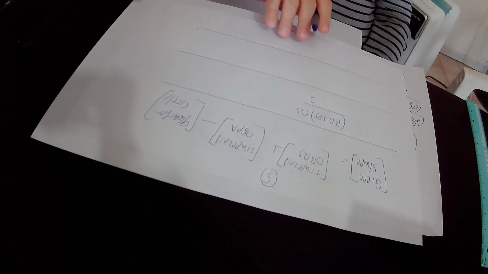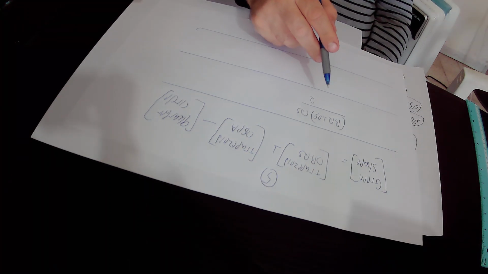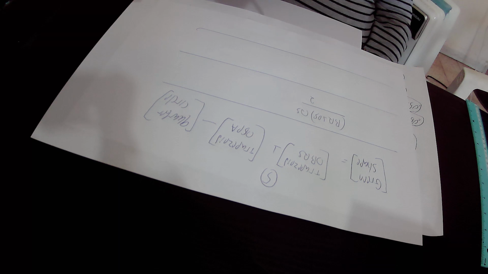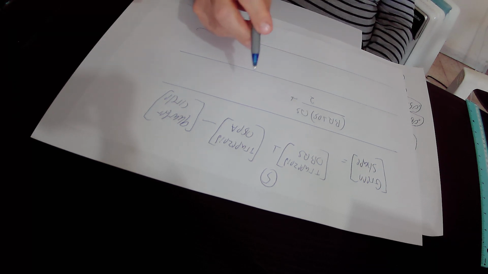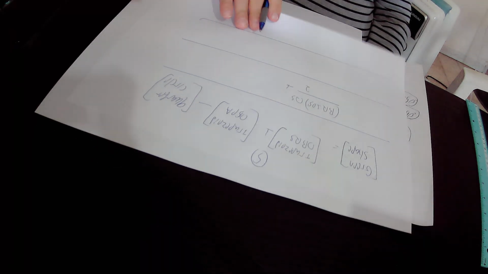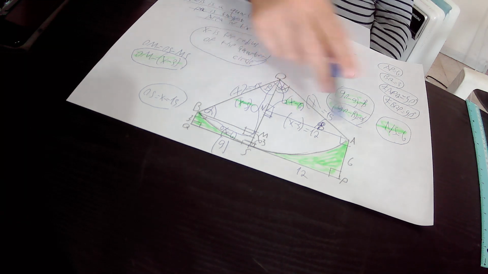So the area of trapezoid OBQS equals BQ plus OS times QS over 2, plus the area of trapezoid OSPA.